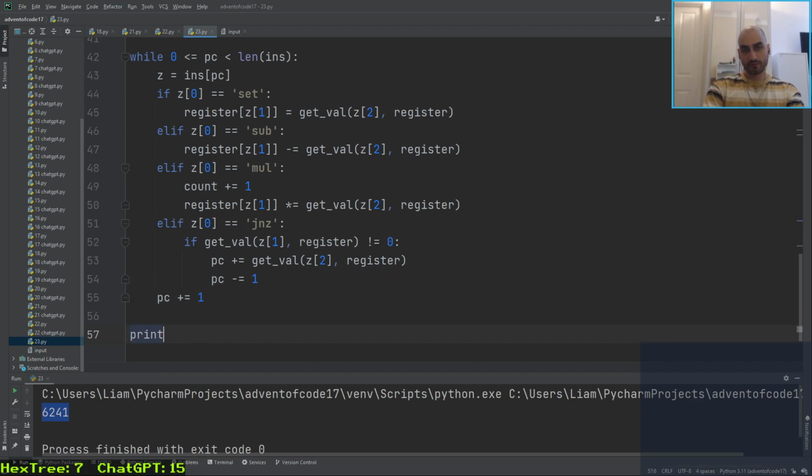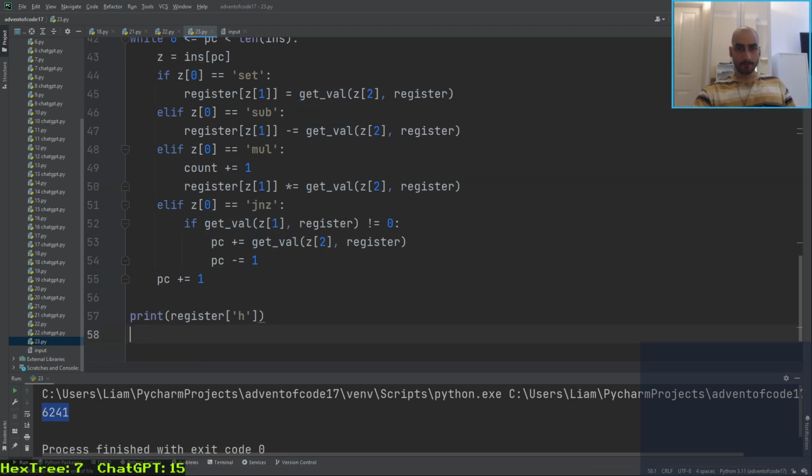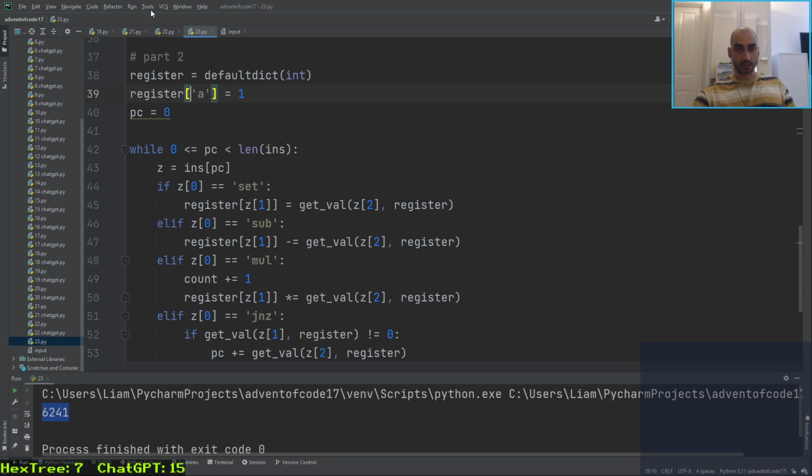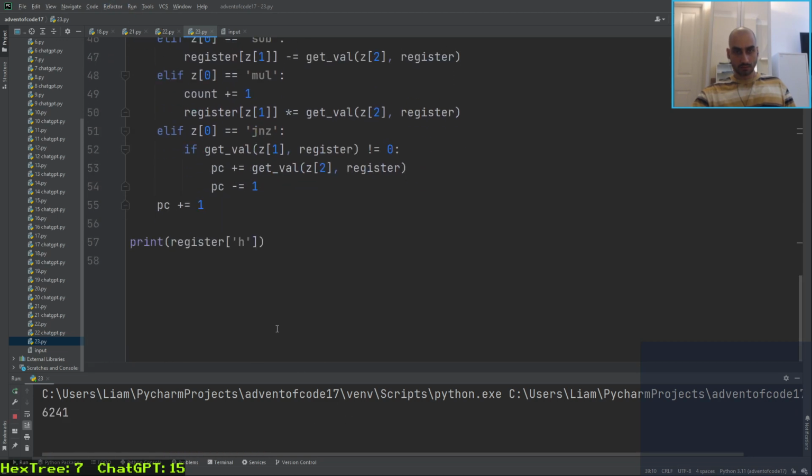And then we print register H. That, in theory, is the answer. It'll just take too long to do that. Let's try it. And yes, as they stated, my computer's fan is starting to speed up a bit, so let's stop that now.